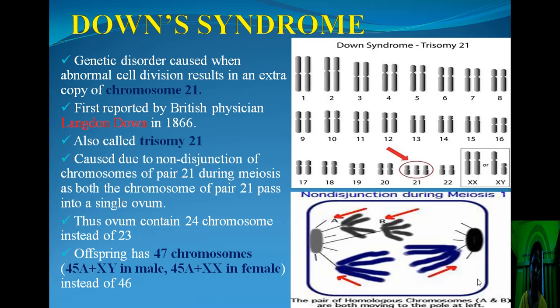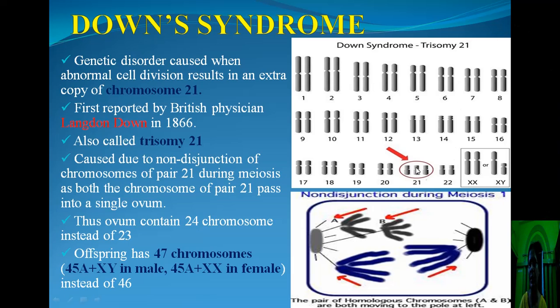If the offspring is male, then the chromosomes are 45 autosomes plus XY, and if the baby is female, the autosomes are about 45 and there are 2 X chromosomes. The 21 chromosome is 3 in number.